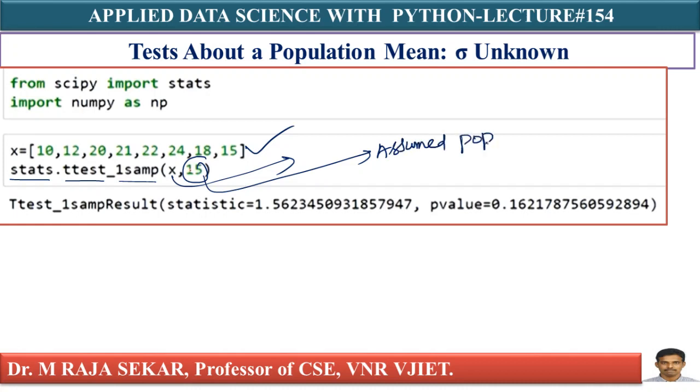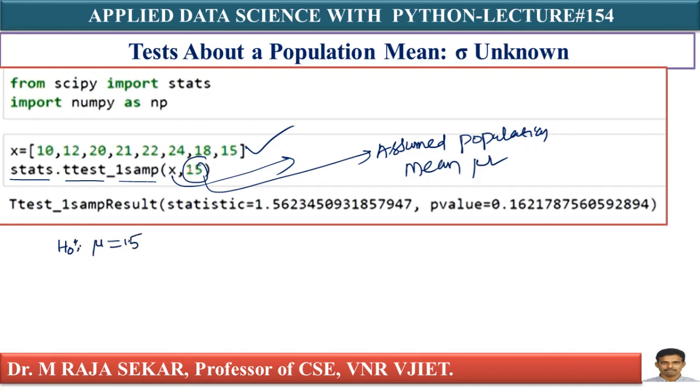I can say this one is mu, isn't it? Here, my null hypothesis H0 is mu equal to 15.